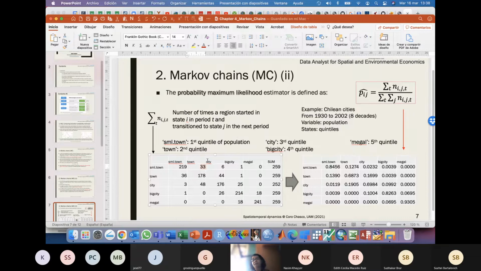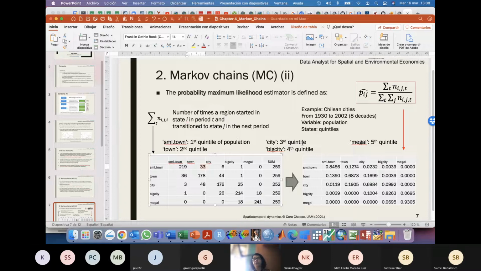So what I've done is give a name to the quintiles, as if we were considering really discrete classes. I could consider the first quintile of population as a small town, and the second quintile we could call towns.